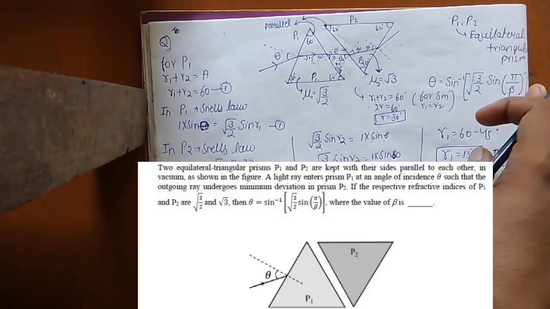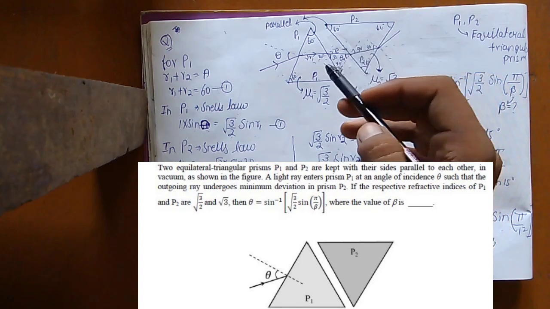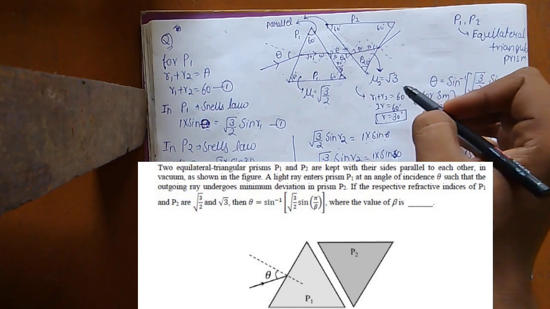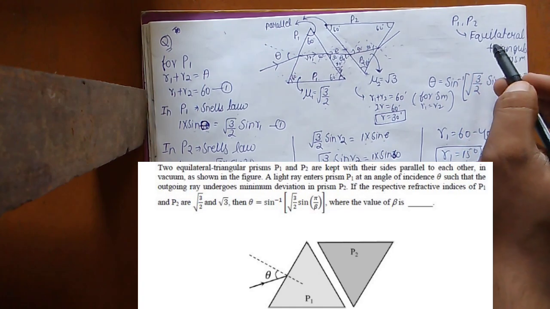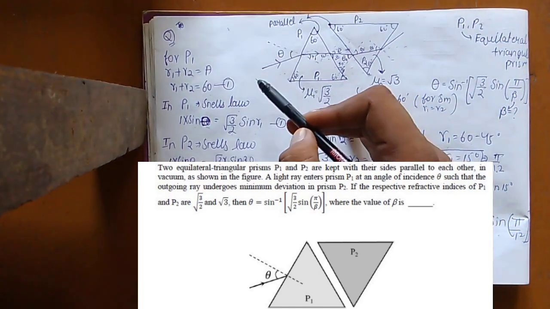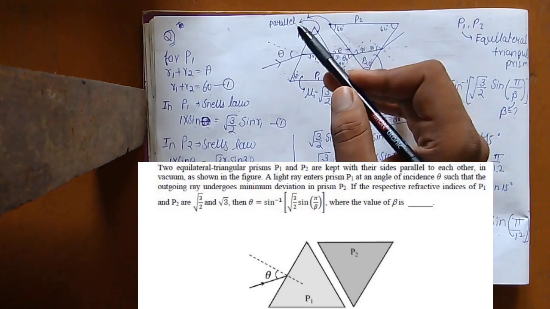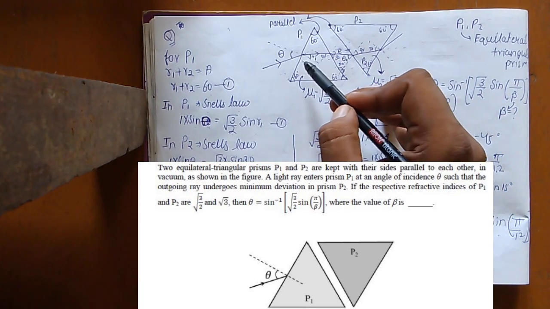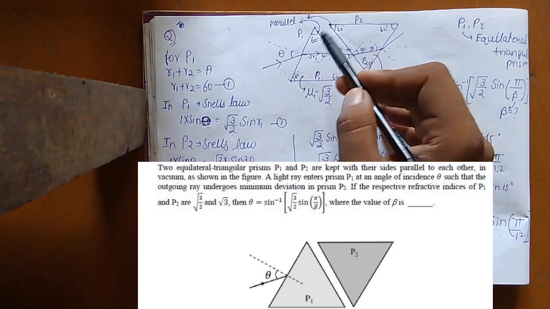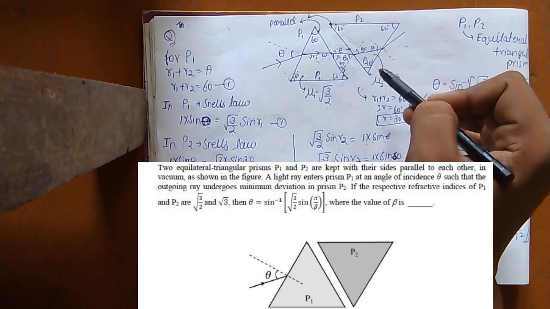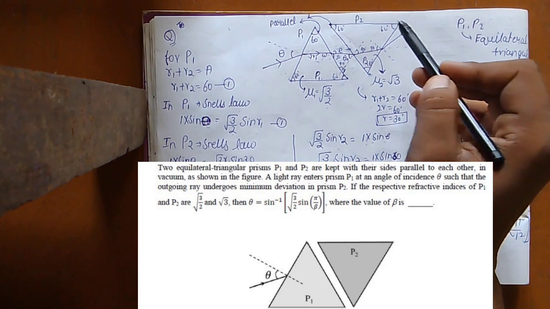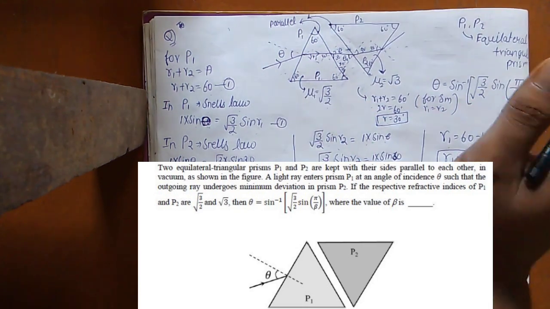In the question we have been given two prisms P1 and P2 having refractive indexes √3/2 and √3, and P1, P2 are equilateral triangular prisms. There is a ray which is coming at the first surface of the prism P1 at angle θ with the normal, and it is completely refracting from the prism P1 and then coming to the first surface of the P2 prism, and it is again refracting completely from the prism P2 and going on its way.